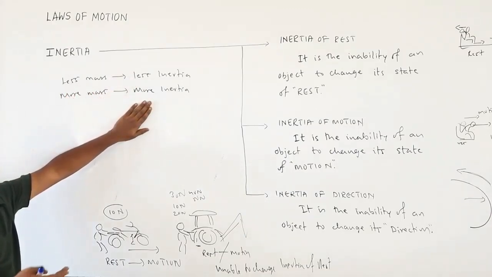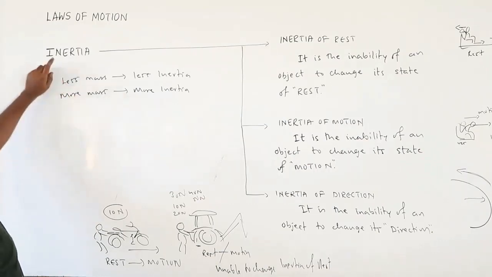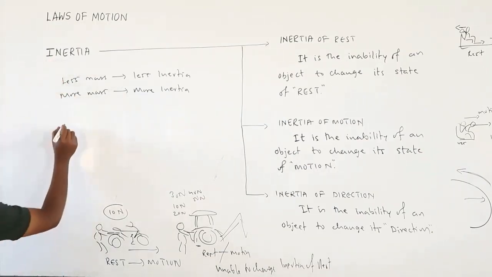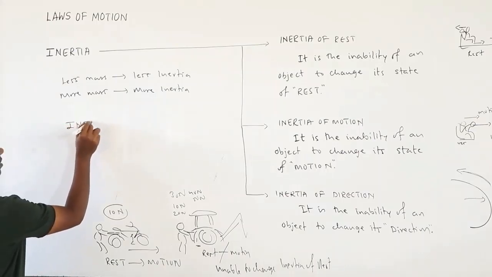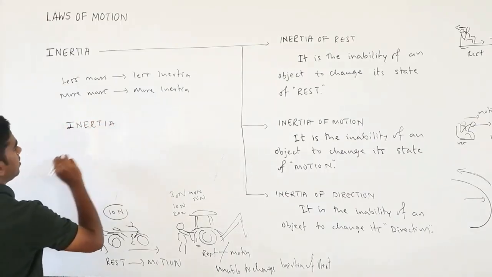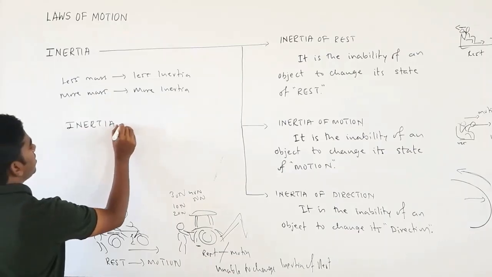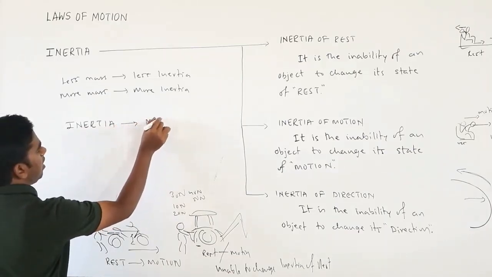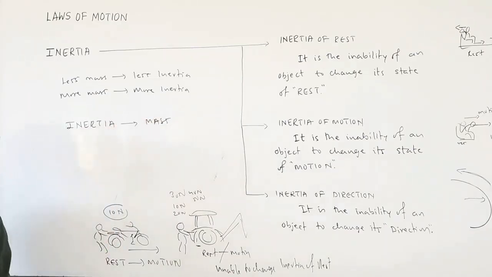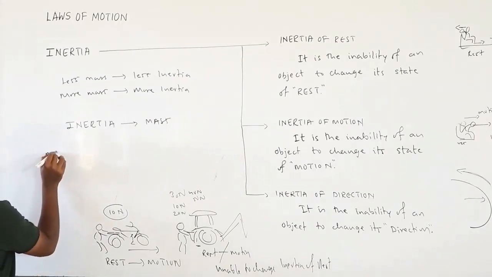With the help of mass, you can measure the inertia. So inertia you can compare with mass. Getting the point? Mass is the measure of inertia.